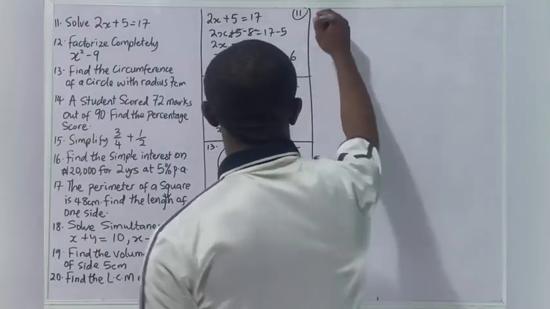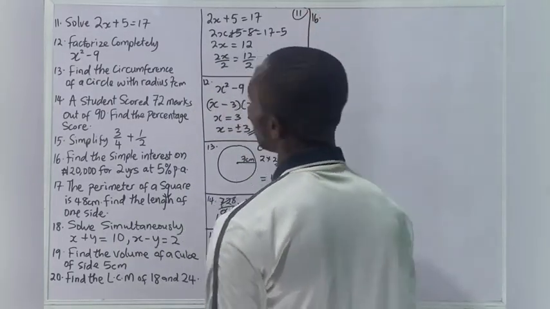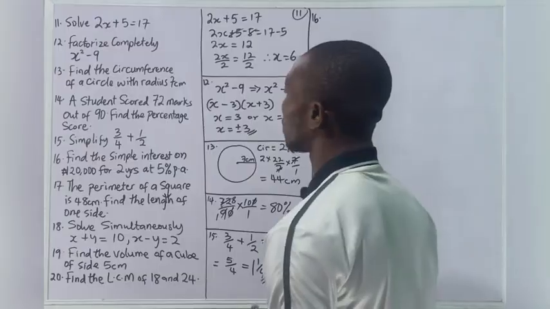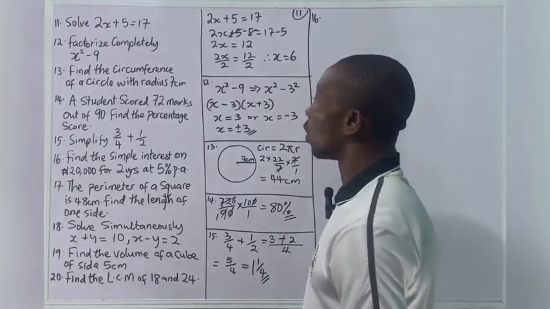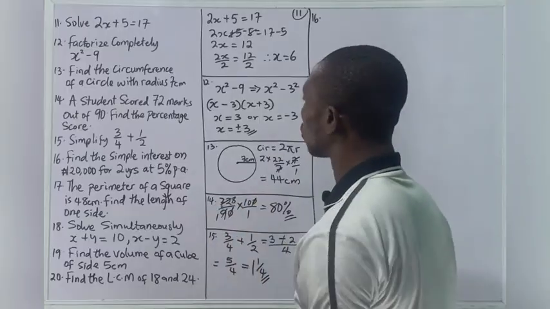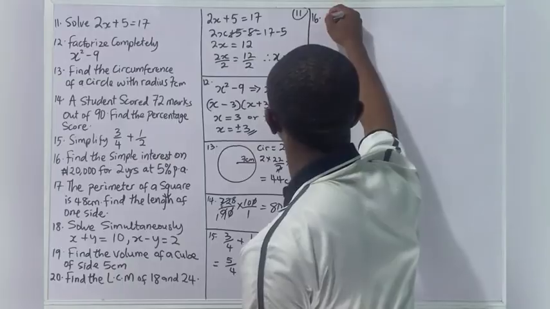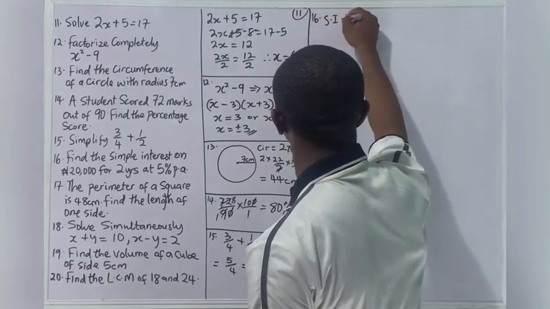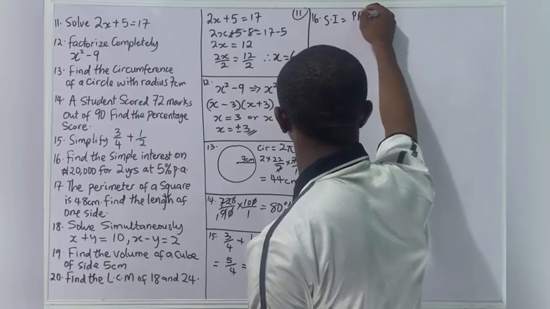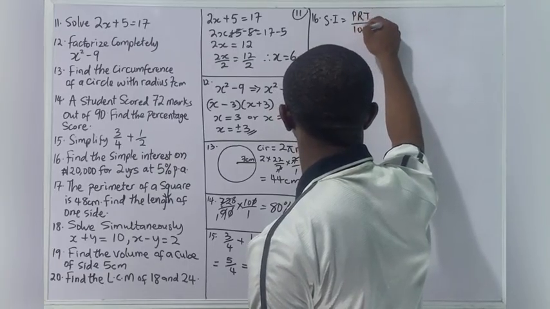Okay, question 16 says, find the simple interest on 20,000 for 2 years at 5% per annum. We know that our simple interest formula is principal times rate times time over 100.